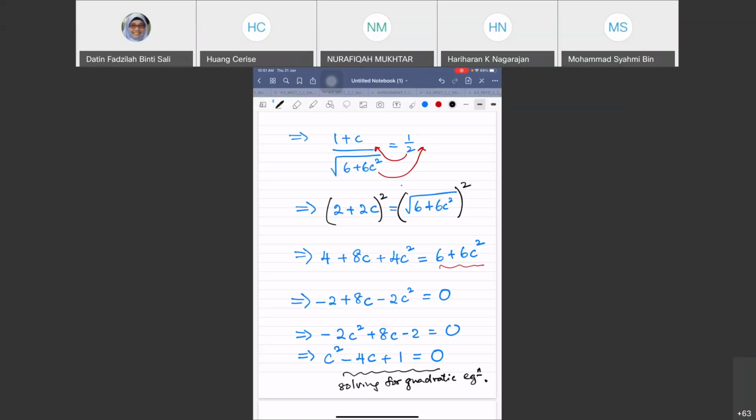Previously, in our first few batches, the first topic was, if I'm not mistaken, straight away Trigo. That was the first chapter, and then matrix was either the last chapter or the second last.